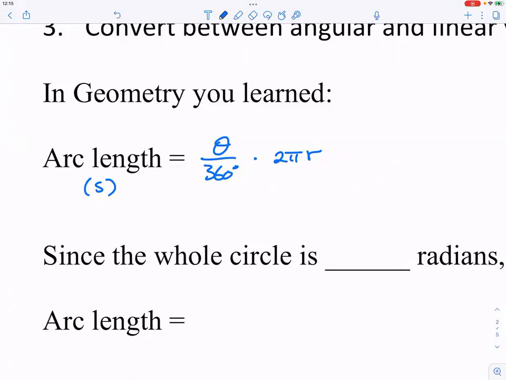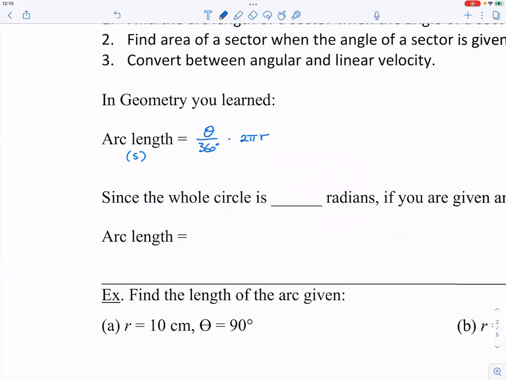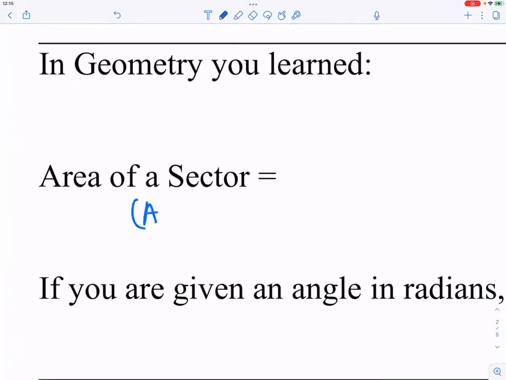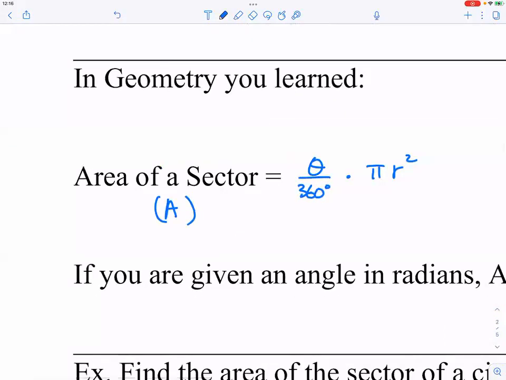Part over whole of a circumference. And that's what you did in the example. And for the area of a sector, which we use A for, it's going to be theta over 360 degrees times pi r squared. So nothing new. Common sense.